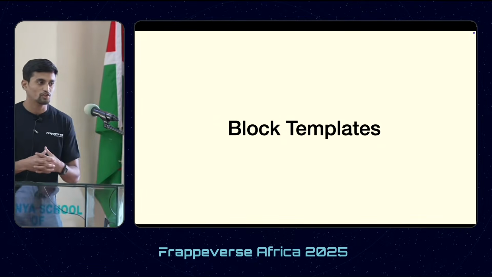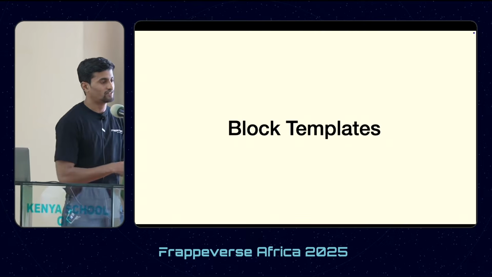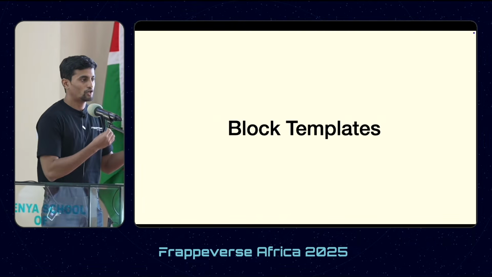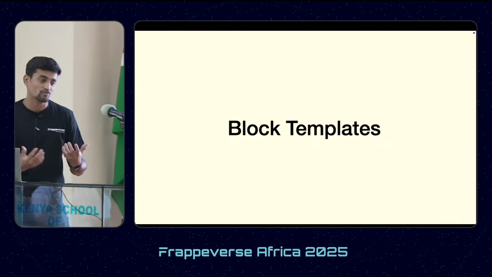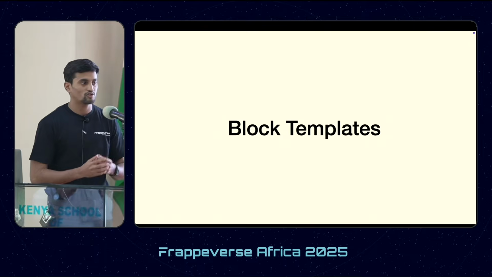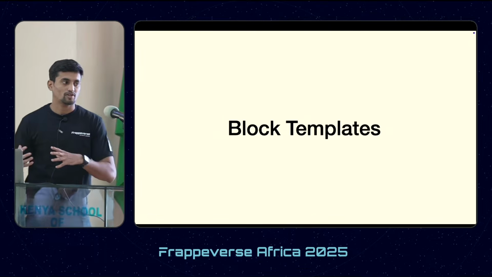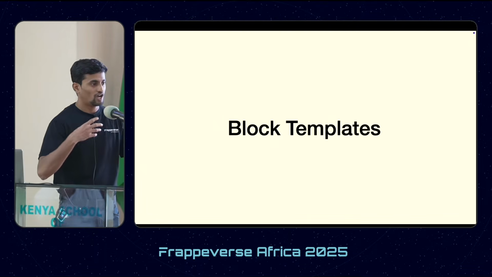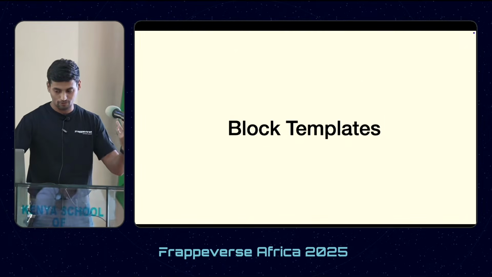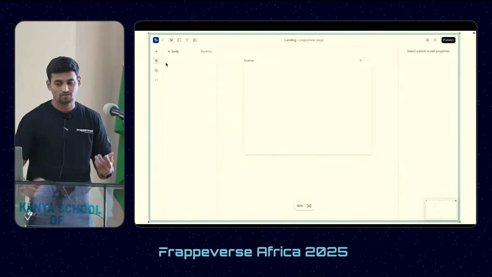So most of the users, as you might have seen, Frappe Builder comes with a very minimal tool. So most of the users might find it difficult to get started, because not many people will intuitively get how to design a page. So block templates help you get started with Frappe Builder.